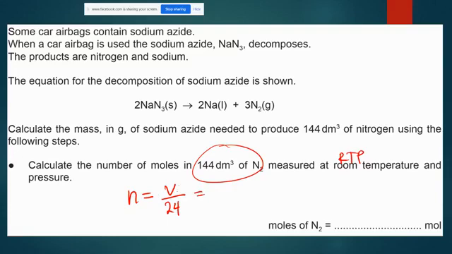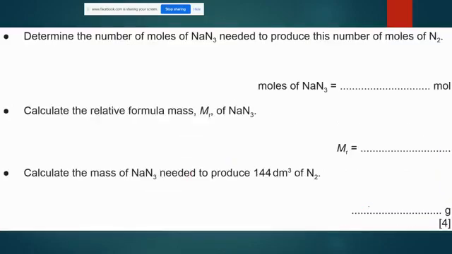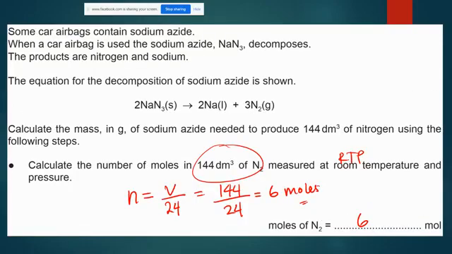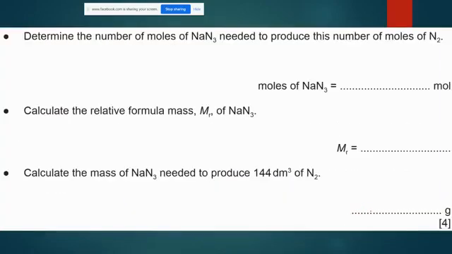Remember, the volume of gas must be in cubic decimeters. So 144 divided by 24, 6 moles. So the answer is 6. The moles of nitrogen is 6 mole.